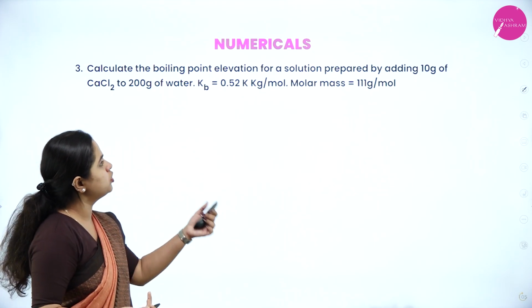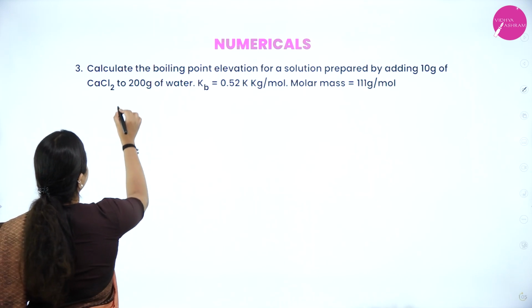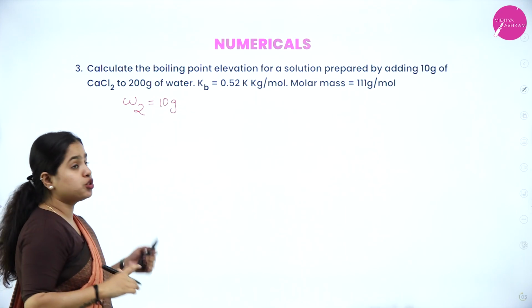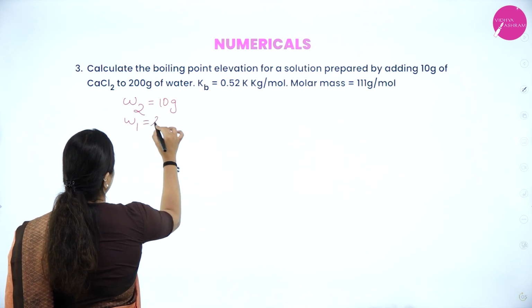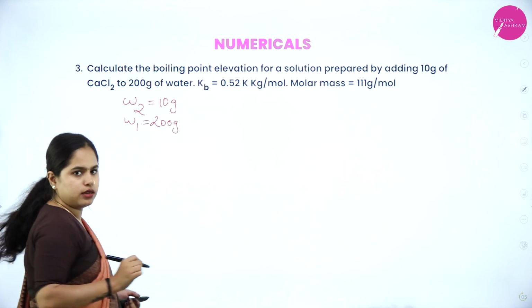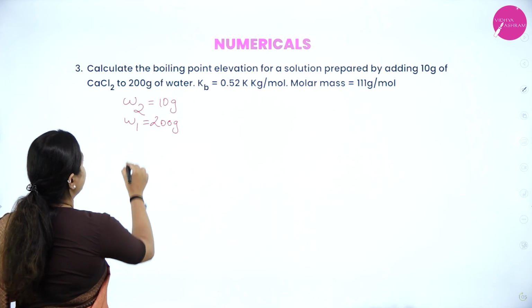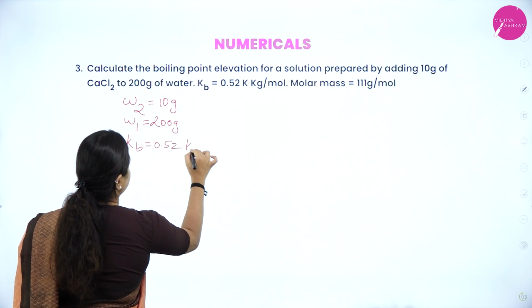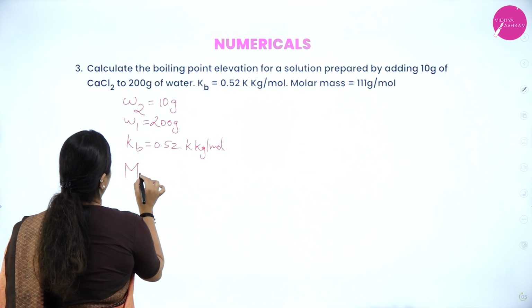W2 is given as 10 gram, W1 is 200 gram, that is the mass of the solute and the mass of the solvent. Kb is given as 0.52 Kelvin kilogram per mole.